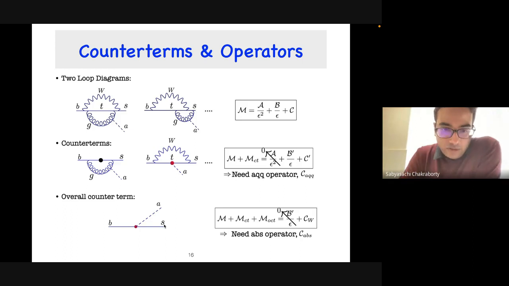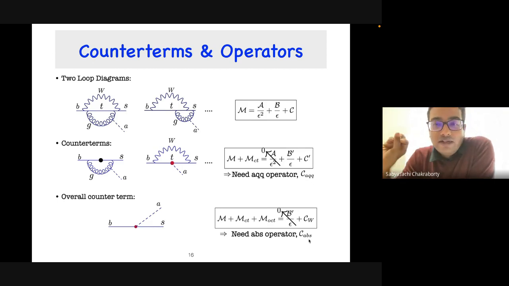So the take-home message is, two loop diagrams have 1 over epsilon square poles and 1 over epsilon poles, and the counter terms you need at the UV are the axion quark-quark diagonal coupling and the axion quark off-diagonal coupling. With the help of these two operators, you get rid of all the divergences. Therefore, it means you need axion quark-quark diagonal and off-diagonal couplings at the UV itself.